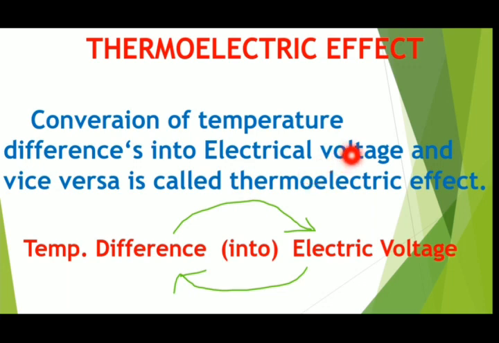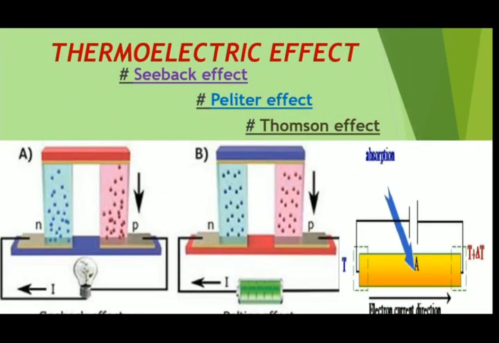Simply understand, temperature difference is converted into electric voltage, or electric voltage is converted into temperature difference. That's all. This is called thermoelectric effect. Now understand, student? Okay. Then this thermoelectric effect can be divided into three effects: first one, Seebeck effect, Peltier effect, Thomson effect.